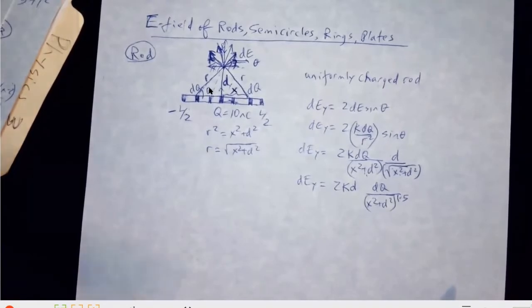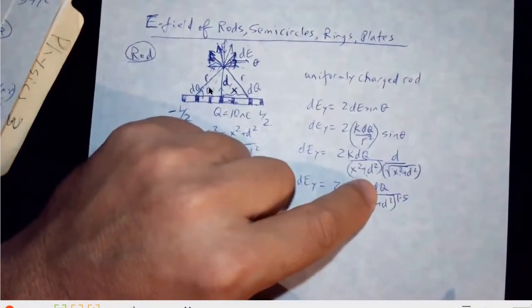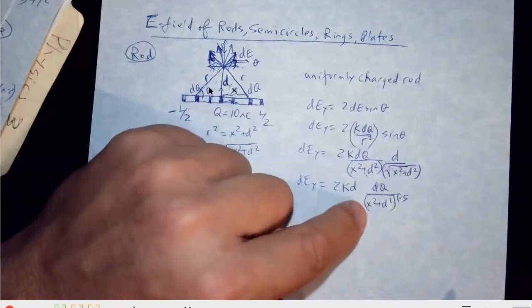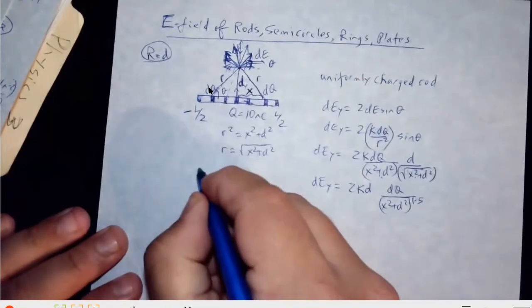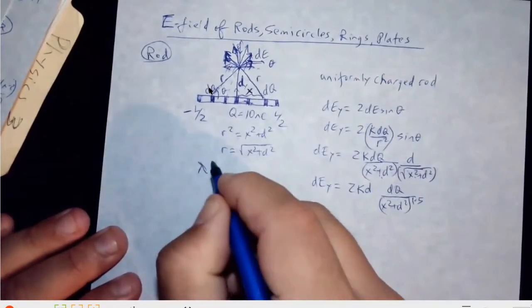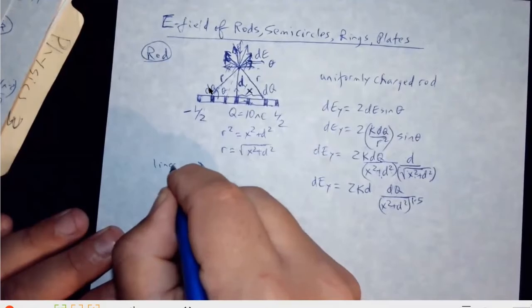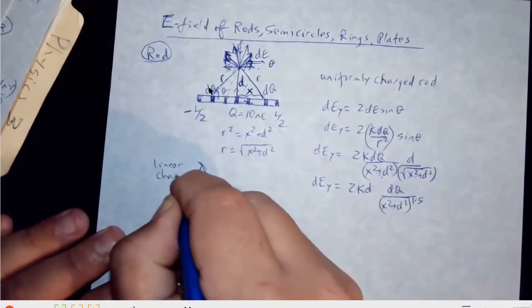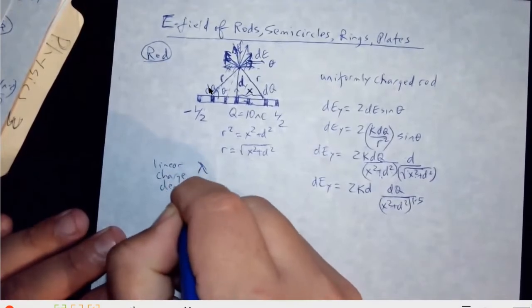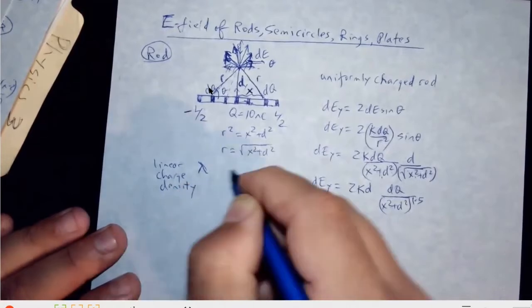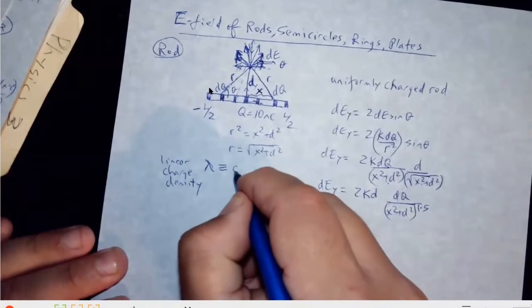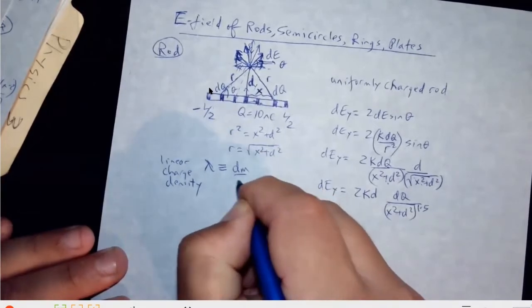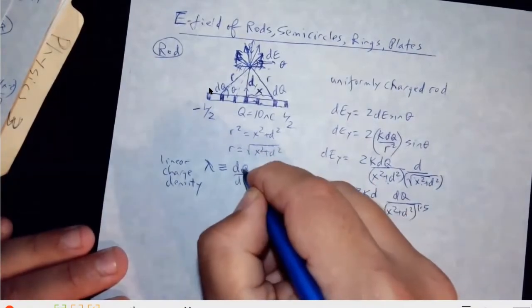Okay, then I need to find a relationship between dq and x. So then I define something called the linear charge density, lambda. The definition of linear charge density is dq over dx.